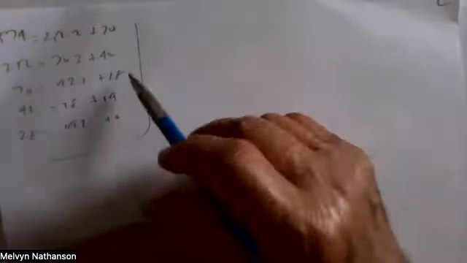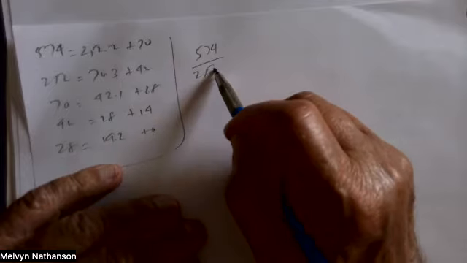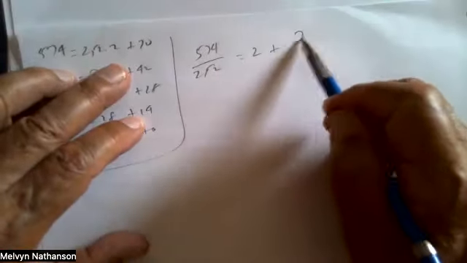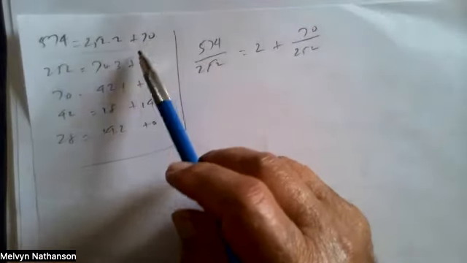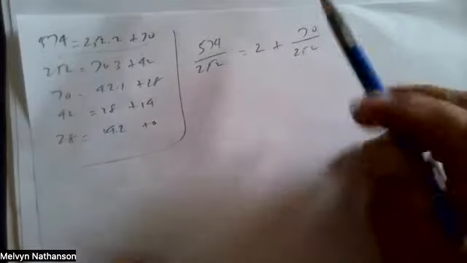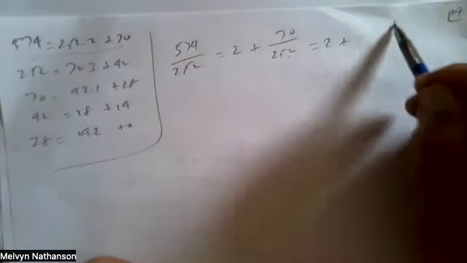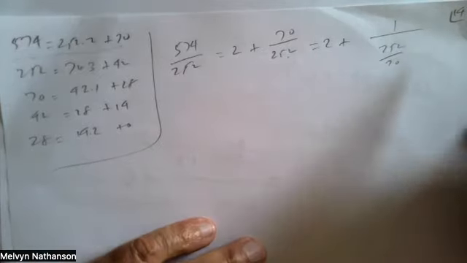So let me work out from this the continued fraction for 574 over 252. So that's equal to 2 plus 70 over 252. I'm just taking this first equation. If I divide it by 252, this is what I get, which is 2 plus 1 over 252 over 70.